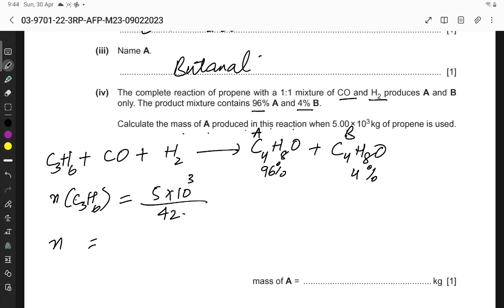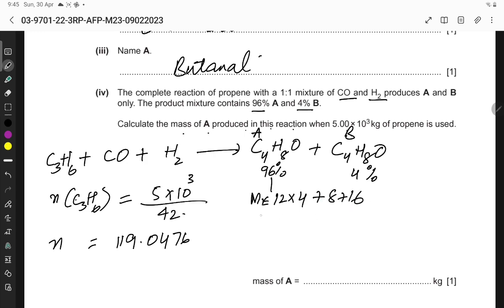This is equal to 119.0476 mole. The MR of A is 12 into 4 plus 8 plus 16.